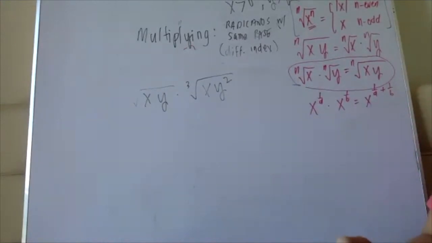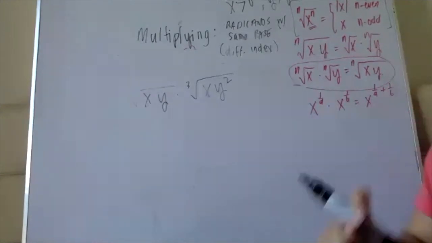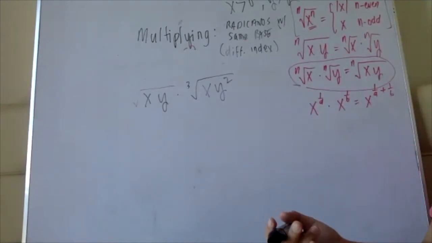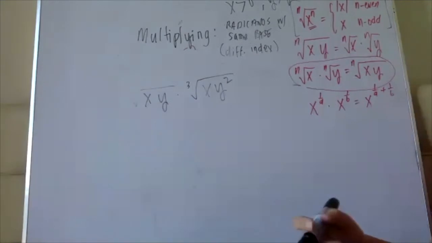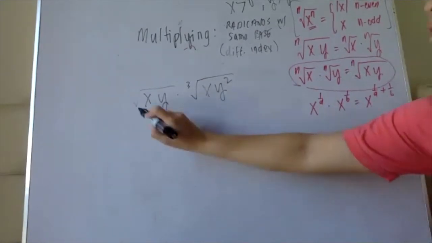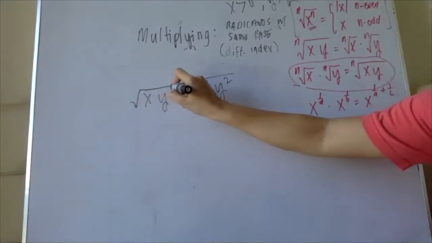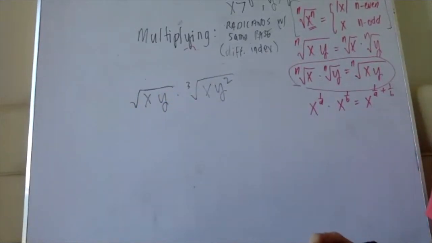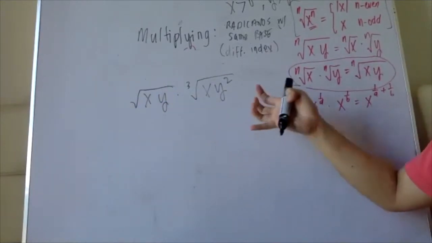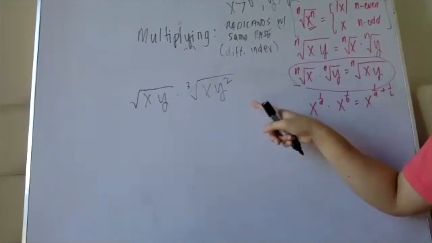Okay, how about this one? Try nyo nga muna. Paano kapag hindi lang isa yung base mo? Meron kang dalawa. You have X and you have Y. Paano mo yan gagawin? So, ang gagawin mo lang dito is to separate sila. Okay?